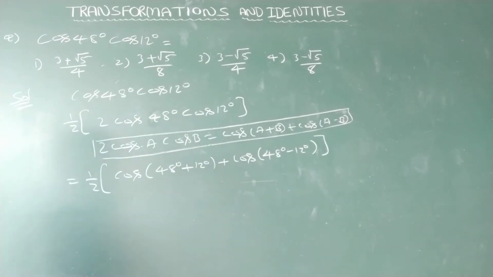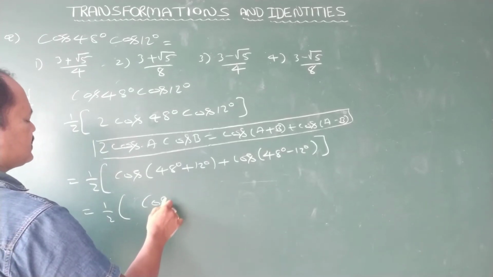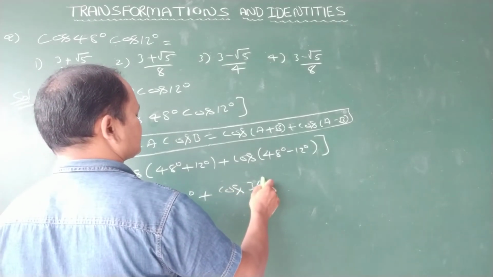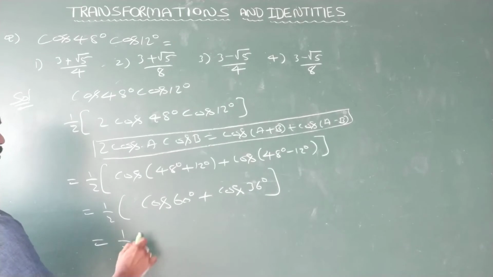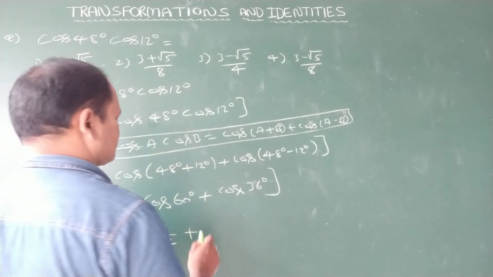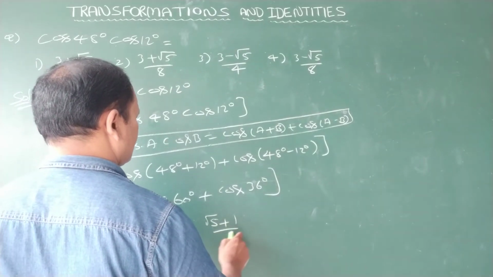Here this is 1 by 2 times cos 60 degrees plus cos 36 degrees. Now cos 60 is 1 by 2 and cos 36 is (root 5 plus 1) by 4.